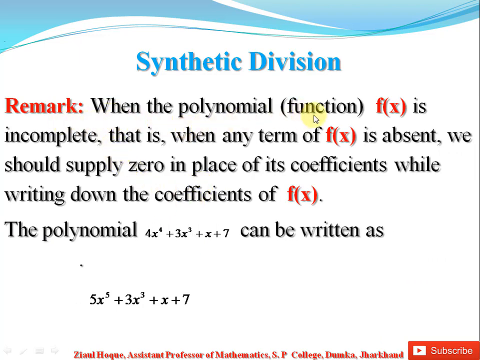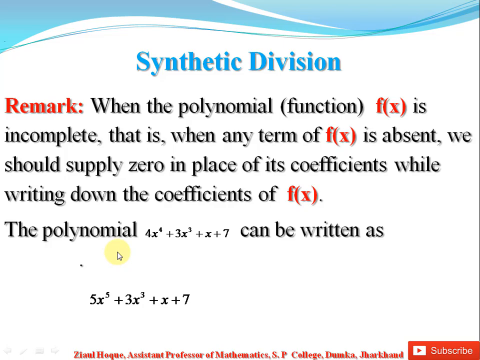Remark: when the polynomial or function f(x) is incomplete, that is, when any term of f(x) is absent, we should supply 0 in place of its coefficient while writing down the coefficients of f(x).